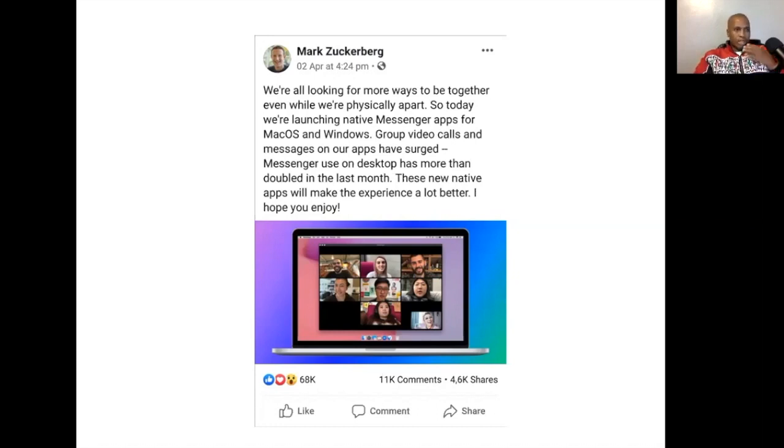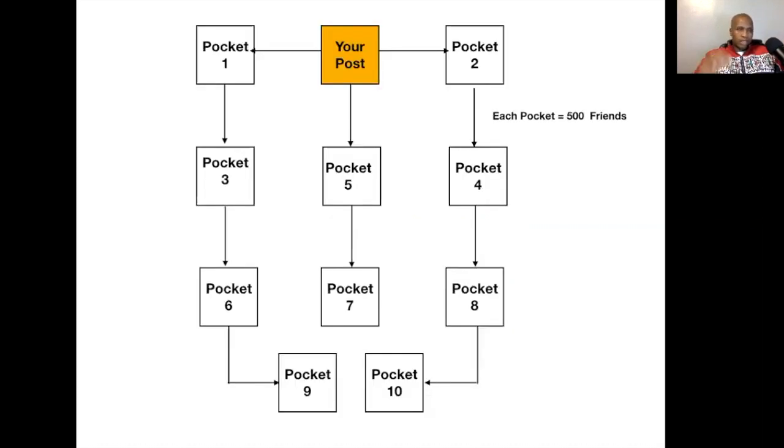Now, when it comes to who Facebook shows your stuff to, it is something like the following. Let's say that you have 5,000 friends. We call this a ranking system. So let's say it's 1 to 10, with 1 being the least amount of people, up until 10 being all 5,000 of your Facebook friends.